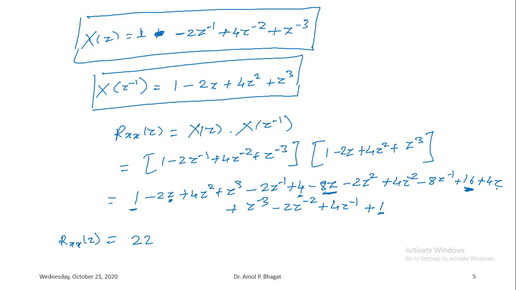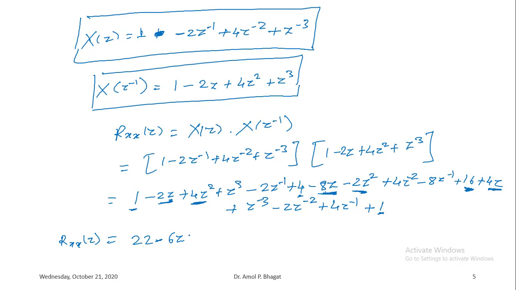So minus 10z plus 4z will be minus 6z. So here it will be minus 6z. There are only these three terms, that is minus 2z, minus 8z, then plus 4z. Then for z square, there is 4z square, then minus 2z square, so it will be 2z square.